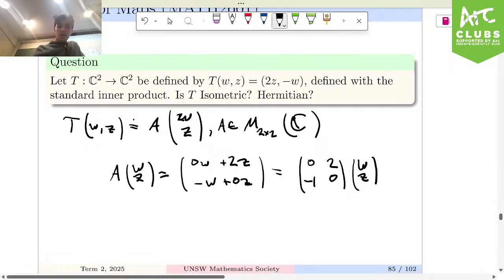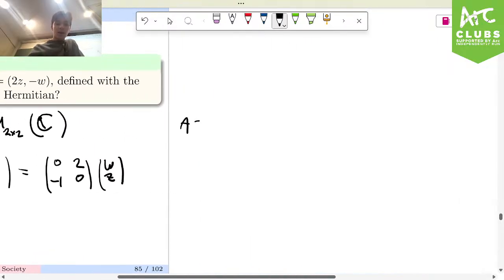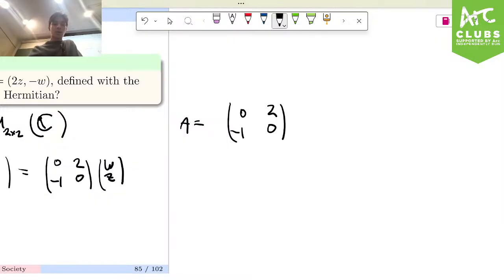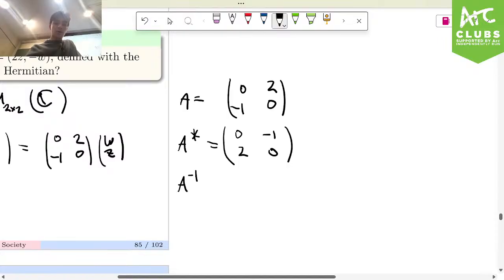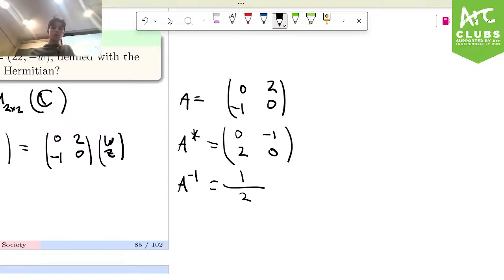So we have that A is equal to 0, 2, minus 1, 0. A star, which is the conjugate transpose, is going to be just the transpose of this matrix. Minus 1, 2, 0. And the inverse is going to be 1 over the determinant, which is 1 over 2, times 0, 0, minus 2, 1.